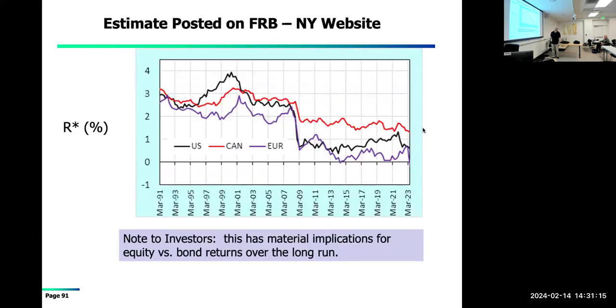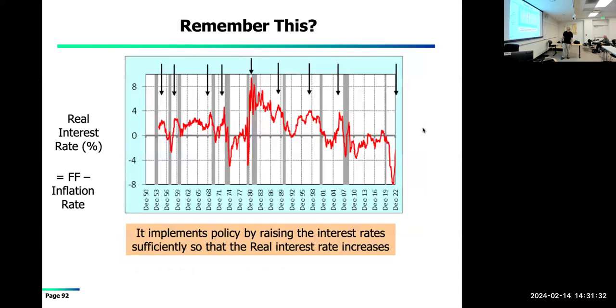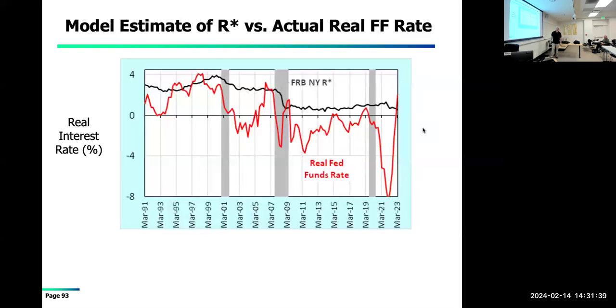And this is their estimate of R star. They have it for Canada, Europe, and the United States. And what's interesting about it is you take the estimates from the model and you run it across. Remember this guy, the real interest rate, and you say, where is it? And you say, what does that say from a standpoint of modeling? Well, this is the actual real rate.